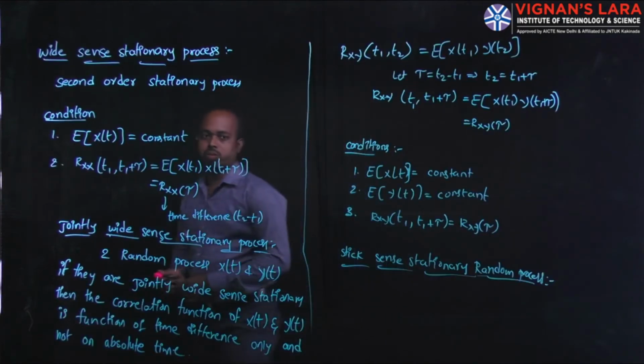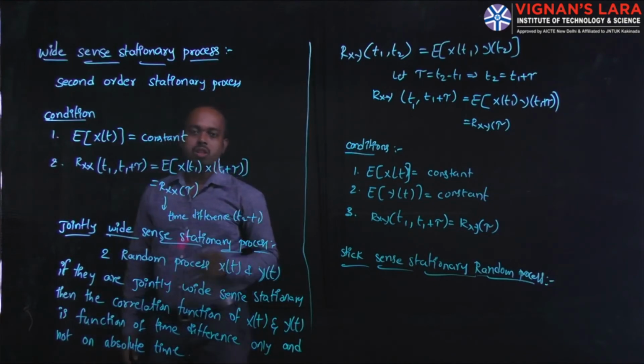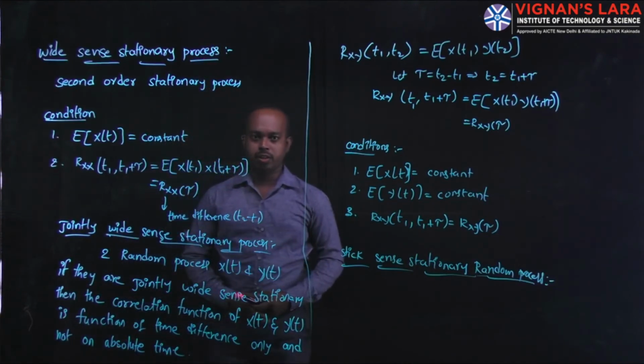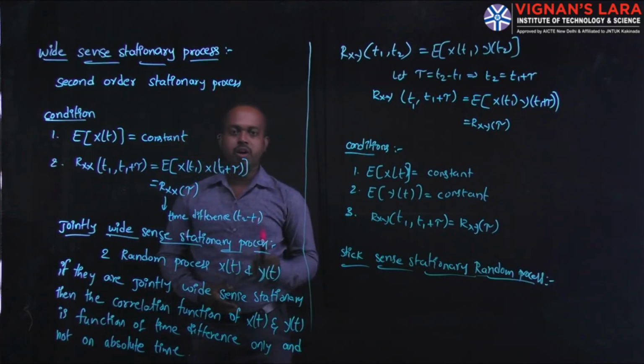Coming to the next one, it is the wide sense stationary process. We are defining that the second order stationary process is also called a wide sense stationary random process.